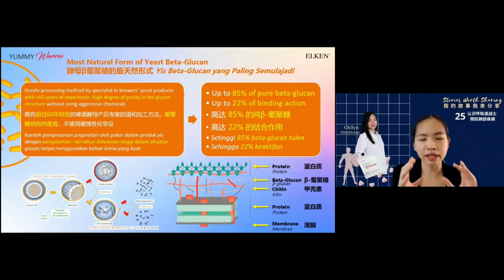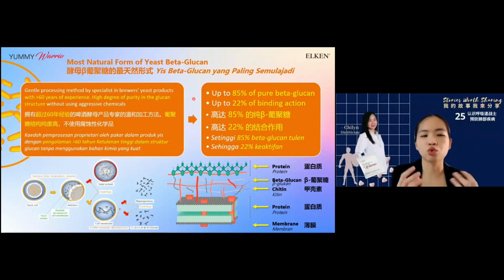So if you want a quicker method and a more affordable method, you can use chemical to destroy the outer layer, and then it would release the beta-glucan that you want. But there's a bad thing about this process, and it would affect the purity of the beta-glucan and influence the benefit that the beta-glucan can bring to us. So in Yummy Warrior, the method we use is also a patented method. It doesn't use any aggressive chemicals.